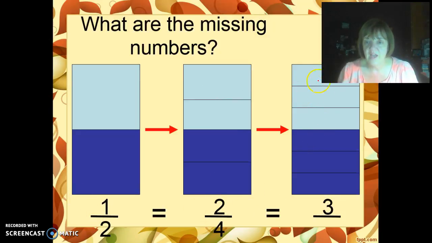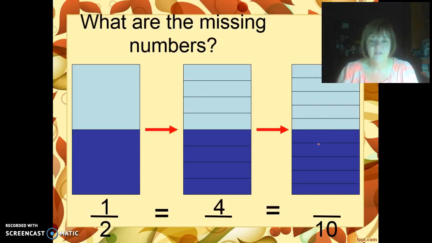We've got 3 out of how many? 6. Not bad. All right, next one. 4 are light blue out of how many? Well, if we multiply 2 times 4 to get 4, we get 8.